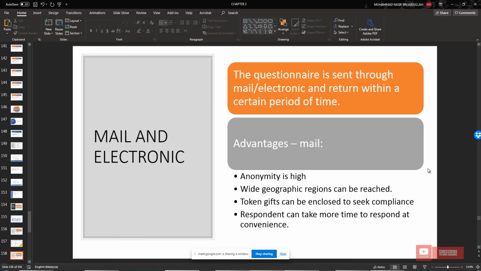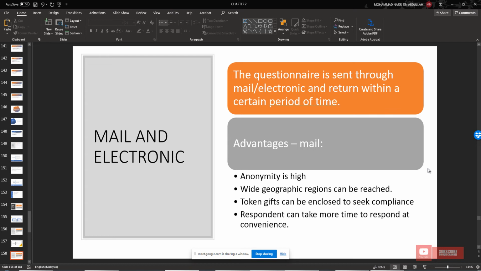So mail and electronics. The questionnaires are sent through mail or electronically and returned within a certain period of time. The advantages of using mail data collection: anonymity is high. Wide geographic regions can be reached.